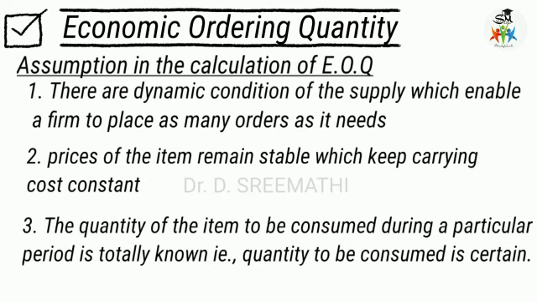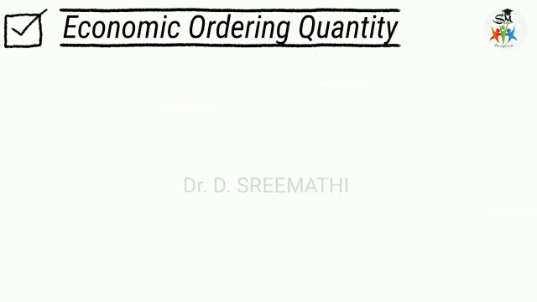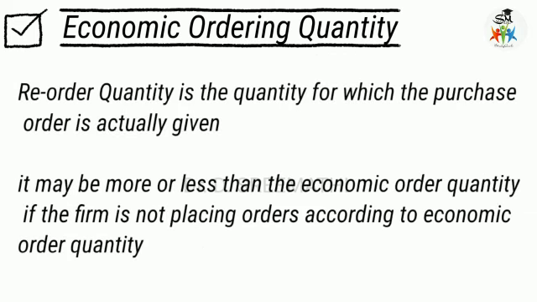Now you should not confuse this economic ordering quantity with the reorder quantity. The reorder quantity is the quantity for which the purchase order is actually given, and it may be more or less than the economic ordering quantity if the firm is not placing an order according to the economic ordering quantity.